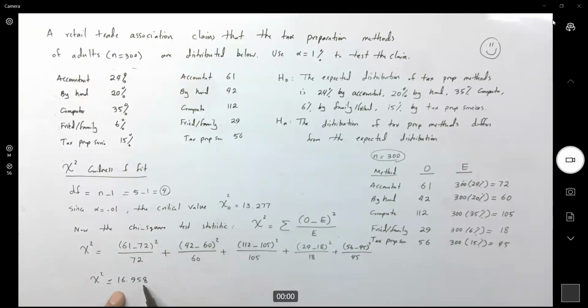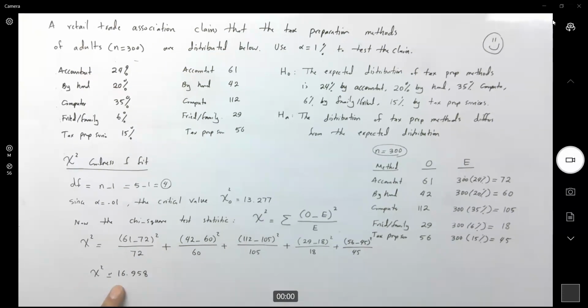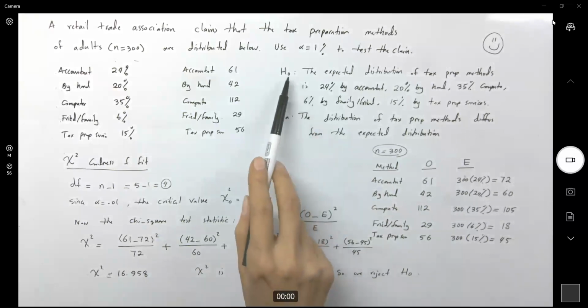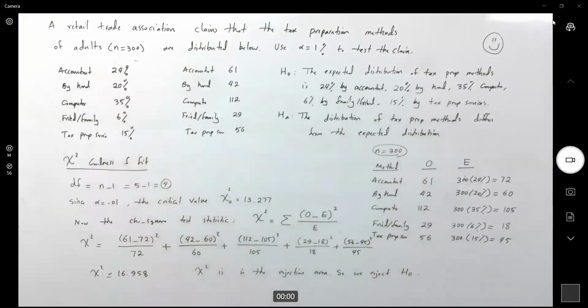Since 16.958 is larger than 13.277, it is inside the rejection region. Chi-squared is in the rejection area. What's the meaning of that? It means that we have to reject the null hypothesis. So we reject the null hypothesis. At the 1% level of significance, we reject that the expected distribution is exactly the same as the table on the left-hand side.